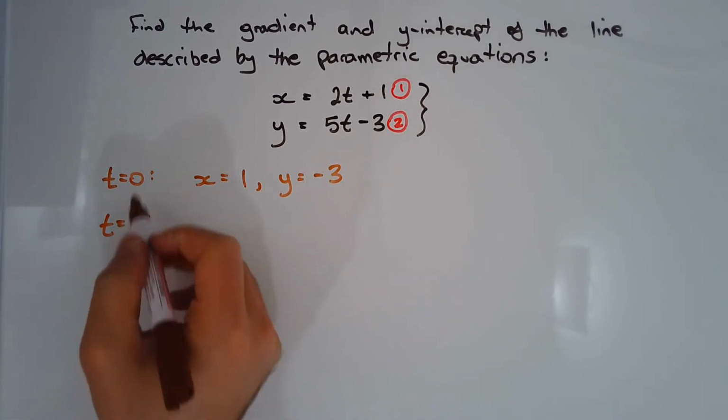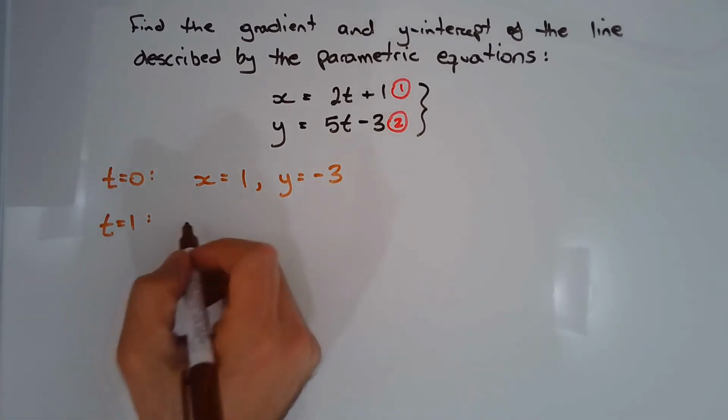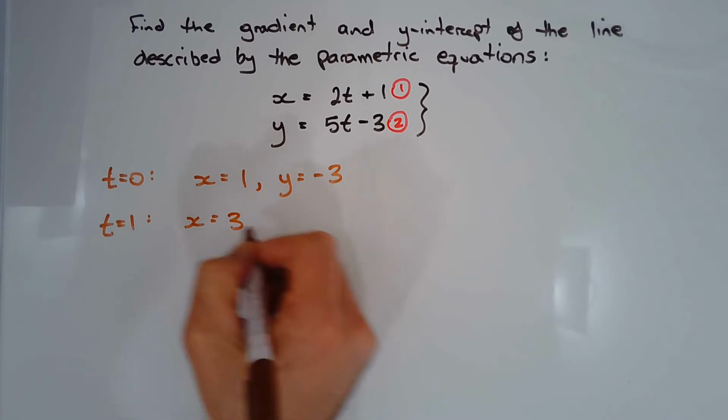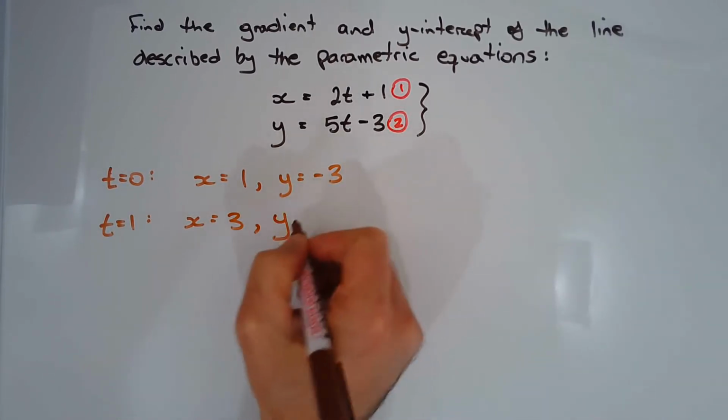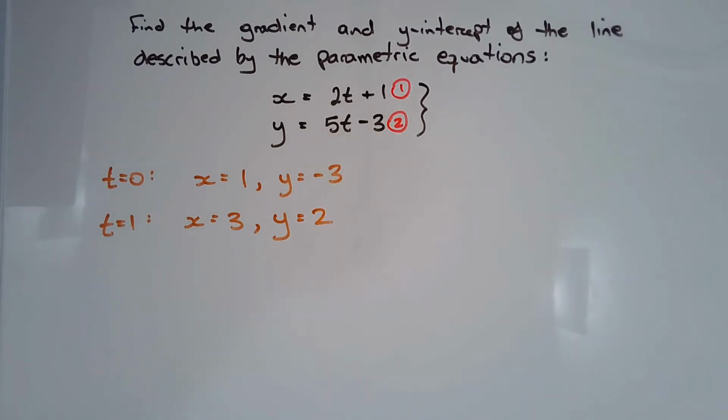So by modifying the value of the parameter, we can come up with a set of coordinates, x and y, simply by changing the value of t. So if we let t equal 1, 2 times 1 is 2 plus 1 is 3, and y is equal to 5 times 1 is 5, minus 3 is equal to 2.